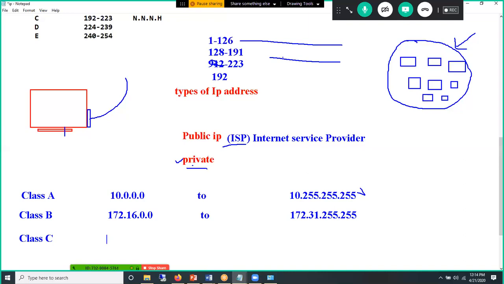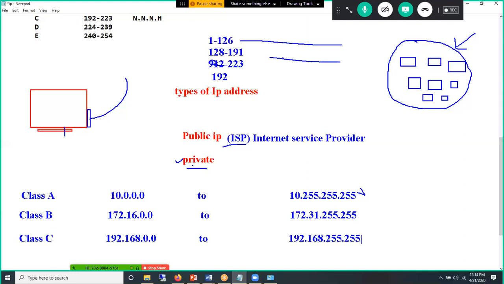Similarly, for class C, the range for free IPs is from 192.168.0.0 to 192.168.255.255.